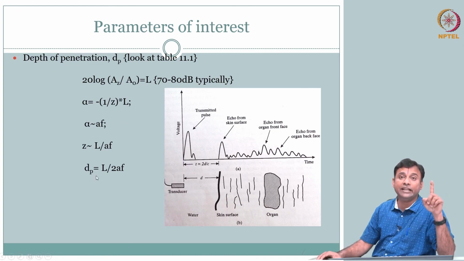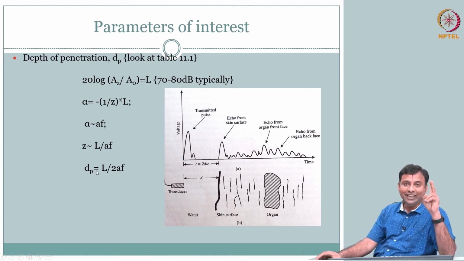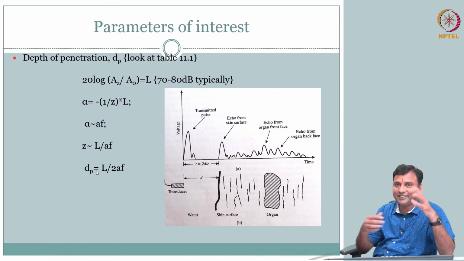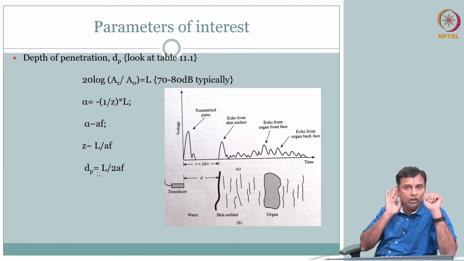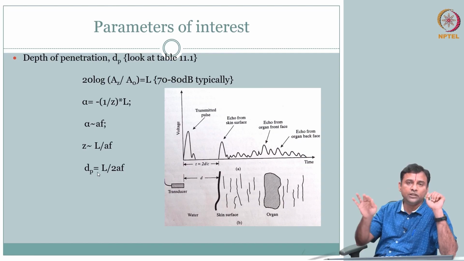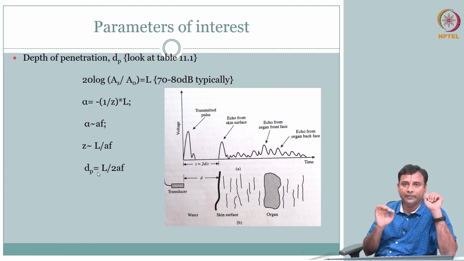So depth of penetration, frequency, axial resolution, all of this are trading off. One another thing that will trade off is, what does this depth of penetration mean? That means I have to wait until so long before I can send the next pulse. If I send the next pulse, I have to make sure that I have heard the most distant point that I want to hear.